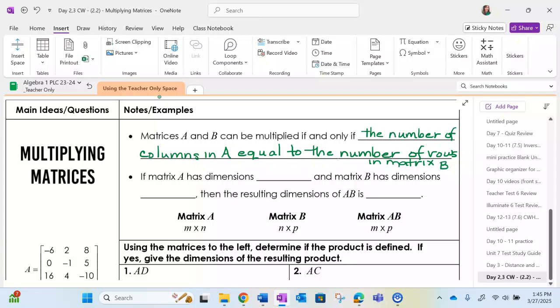The number of columns in A has to equal the number of rows in B.